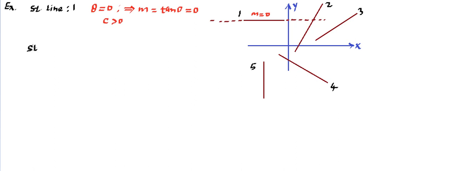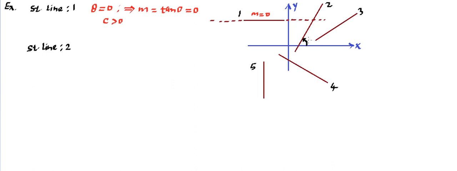Now let's try to answer this about straight line 2. We need to see what angle straight line 2 makes with the x-axis. That's how its intersection has been shown to us, so there is no need for extension, and this angle is going to be theta.